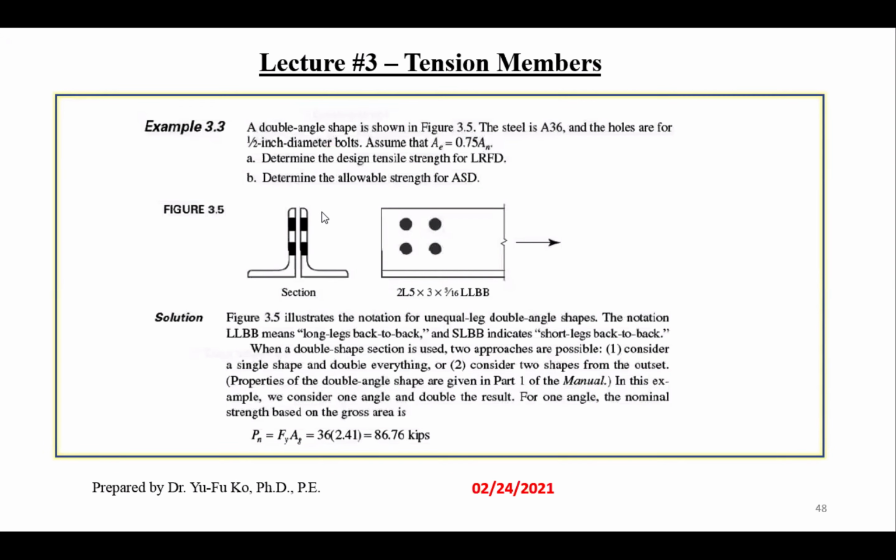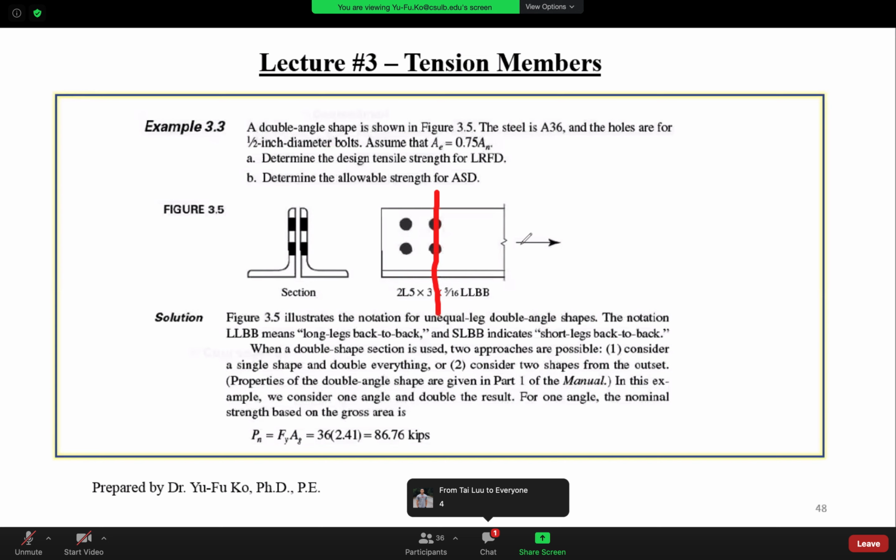But don't forget, if you do double angle in the beginning, when you make a cut to find the A net, can you tell me how many bolts are being cut? If you consider double angle in the beginning. Four bolts, that's right, because each angle you cut 2.